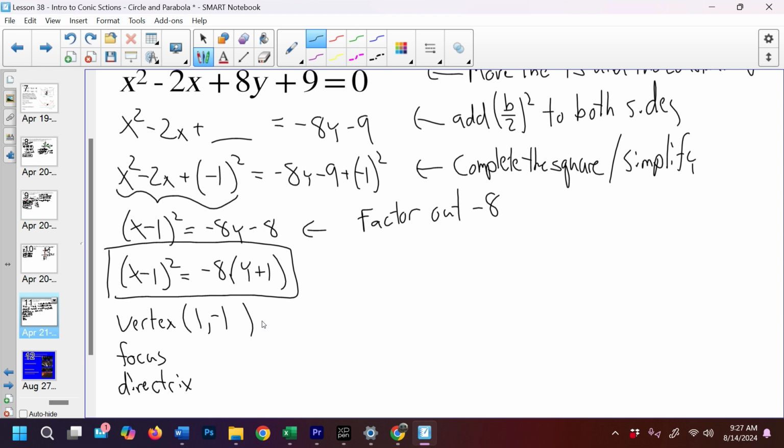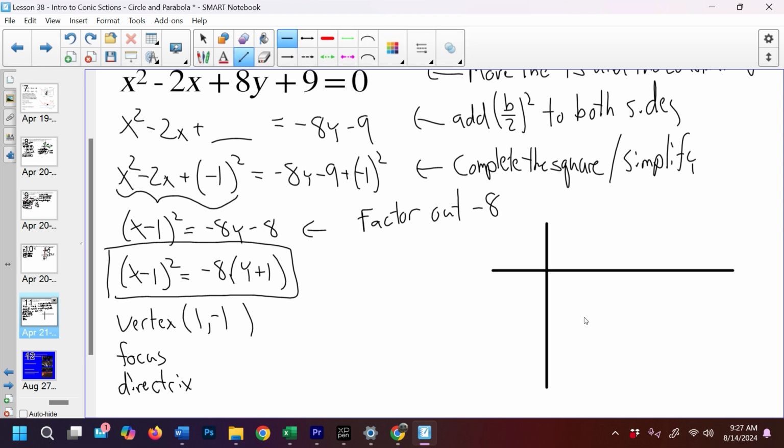And so if I plot that point, just to give me a general idea of what I'm doing, if I go 1, negative 1, I have this point right here. And since I have 2 x's for every 1 y, I know that this is going to open either up or down. Since I have a negative out there, I know it's going to open down.